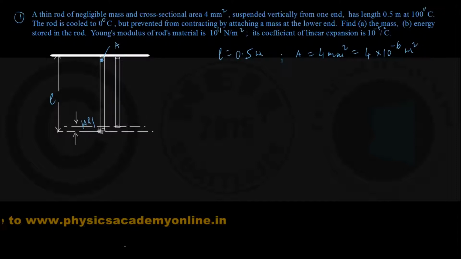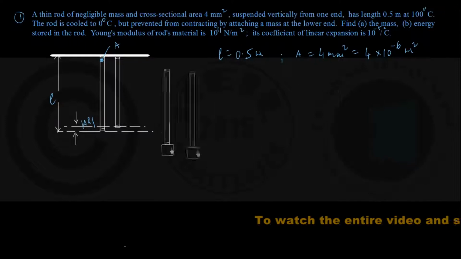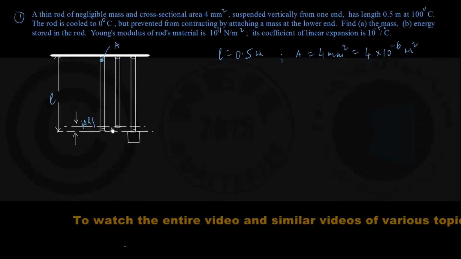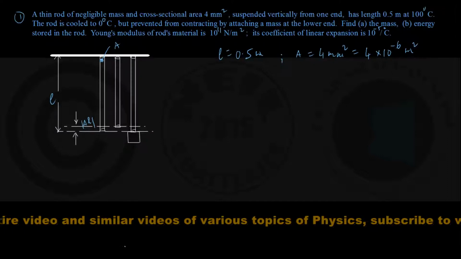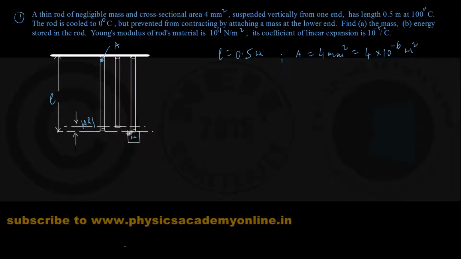So this was the situation if there was no other effect, but they are telling that by attaching a mass at the lower end of the rod, this possible contraction in length of the rod is stopped. Therefore, I introduce one more figure, that is at the same time as the rod is being cooled, if a mass is suspended, suppose the mass of this block is M, unknown, at the lower end of the rod, then the possible contraction is balanced, countered, and therefore the rod retains its original length.